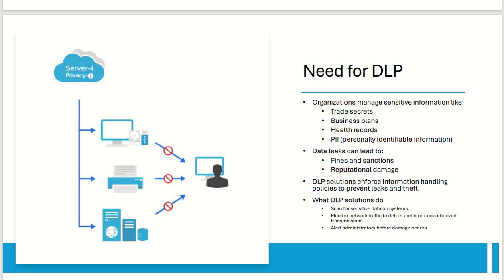Trade secrets, business plans, health records, and personally identifiable information are sensitive information that are particularly appealing to malicious actors. Malicious actors might be interested in your organization to try to copy this information and to leak it. If they succeed in copying this information and leaking it out to the public, this might attract fines and sanctions from organizations responsible for the cybersecurity sanity of an institution.